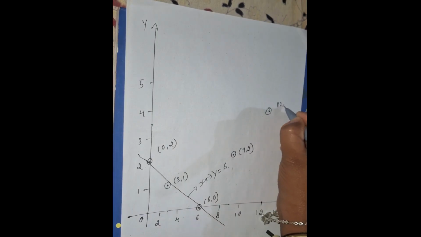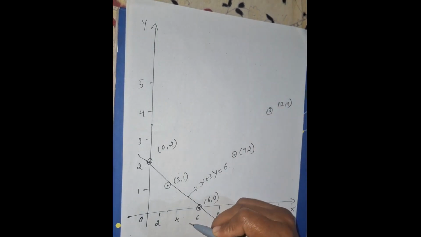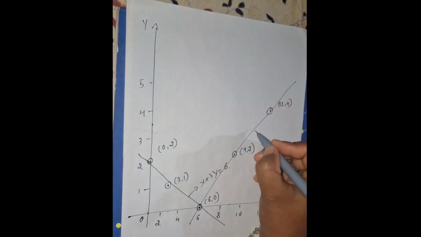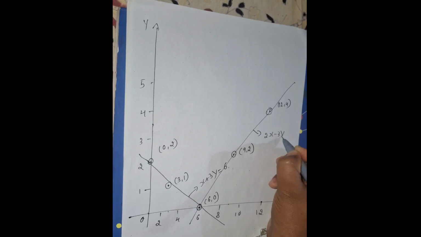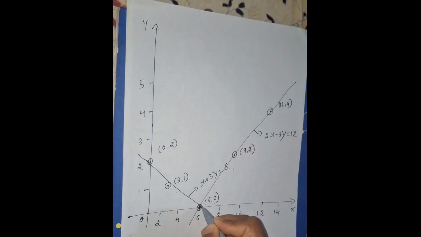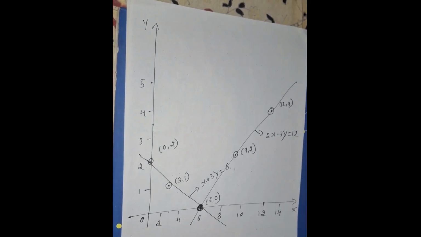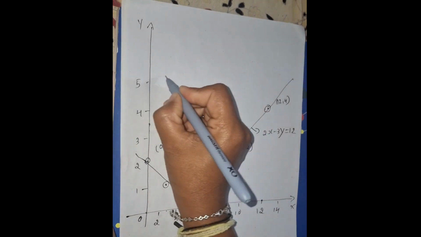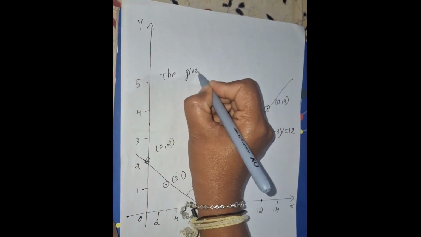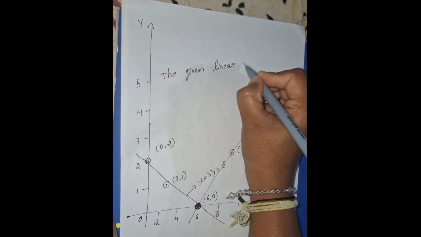Then join these 3 points. Observe that the two lines are intersecting. So when lines are intersecting, in the condition of a linear pair of two equations, a unique solution exists. What is the solution? 6 comma 0 is the solution of this graph.